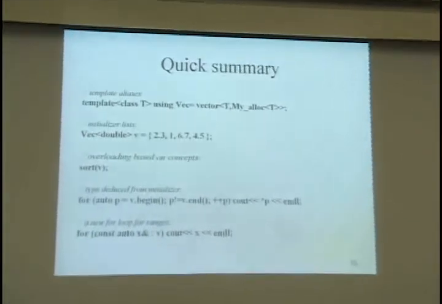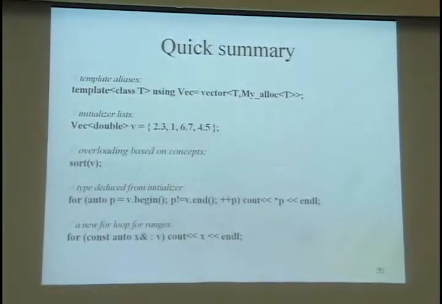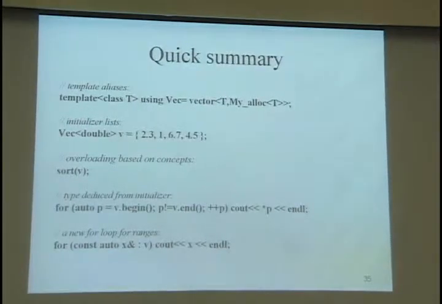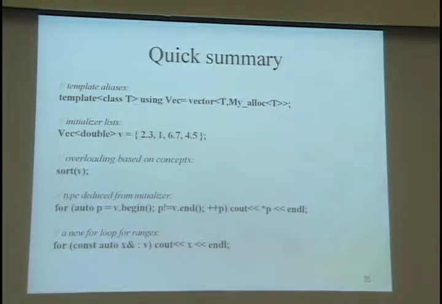The first up there is a template alias. It does what some people have been trying to call template typedef, and they didn't work. Basically, I want to say I want something called vec that is a synonym for standard vector of T and my allocator of T. In other words, I want to take a template and bind one of the arguments.